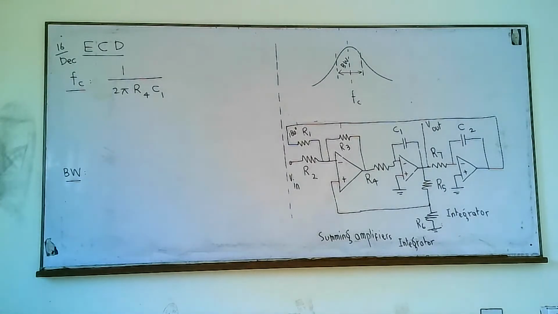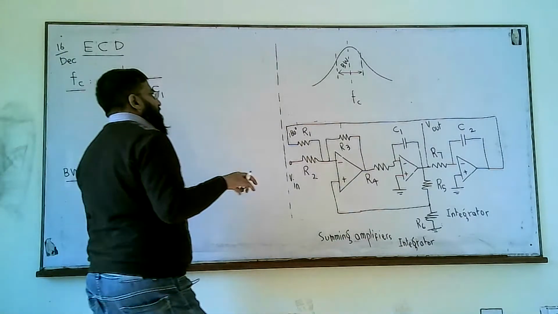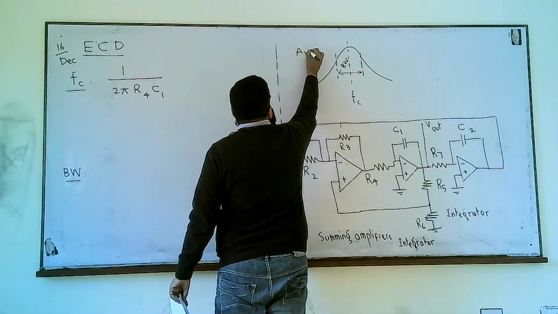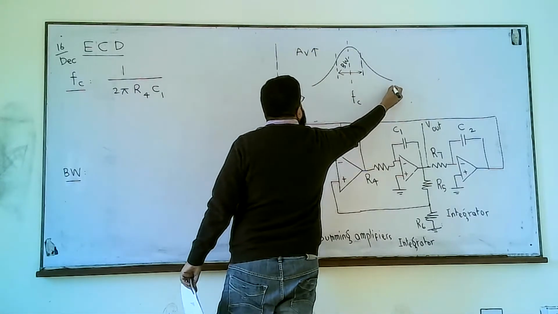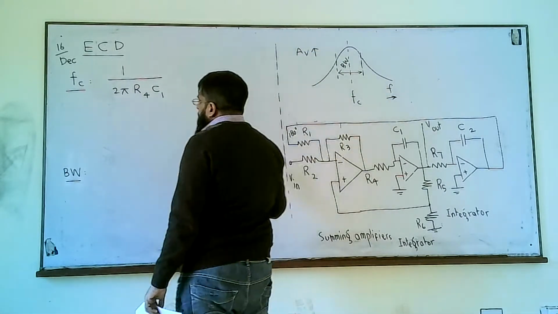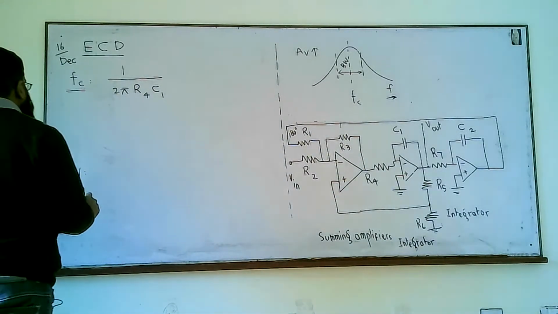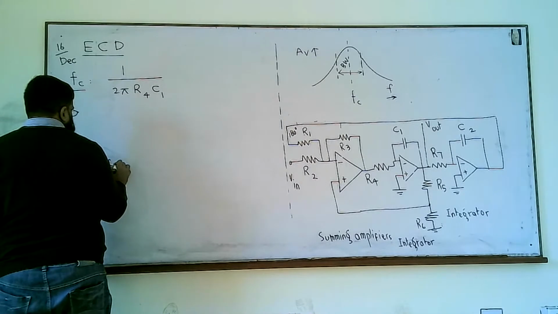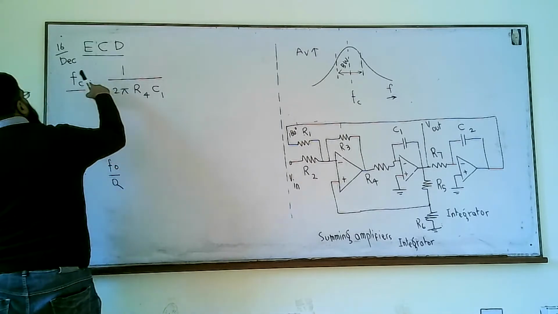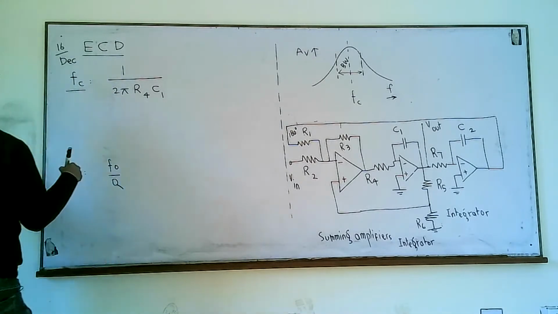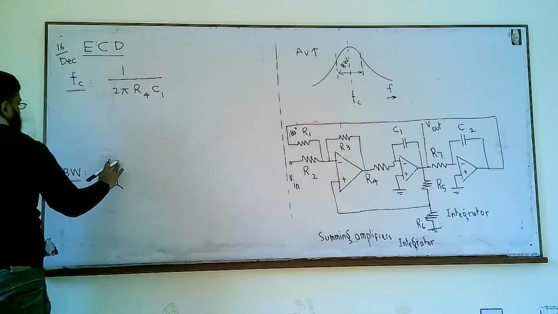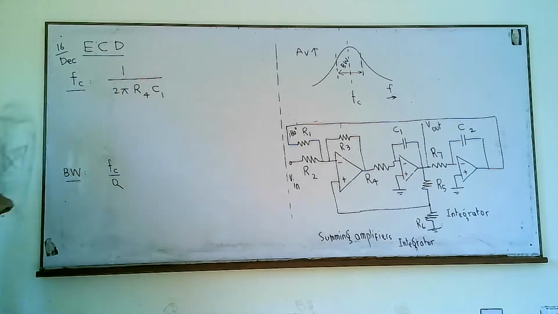But since it's a bandpass filter, we must know its bandwidth in order to draw its response, F versus Av. So what should be the bandwidth? The bandwidth is F naught over Q, the critical frequency Fc divided by Q. If we know Q, we can find the bandwidth and then we are done.